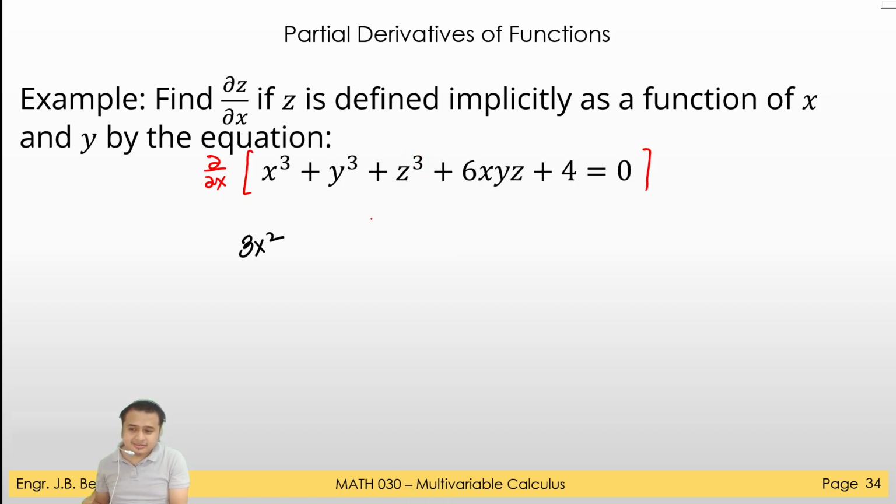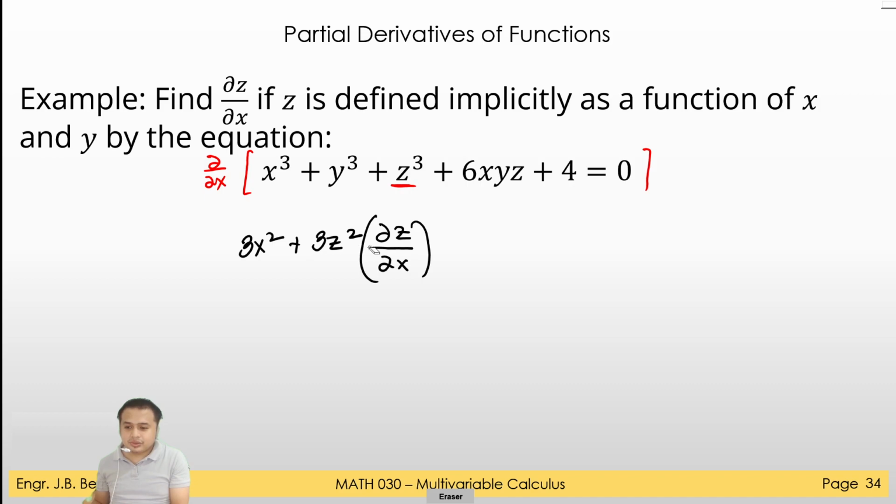Not exactly. Since z is a dependent variable of x, we want to find the derivative of z. So this will be plus 3z squared, and then multiplied by, via the chain rule, the partial derivative of z with respect to x.